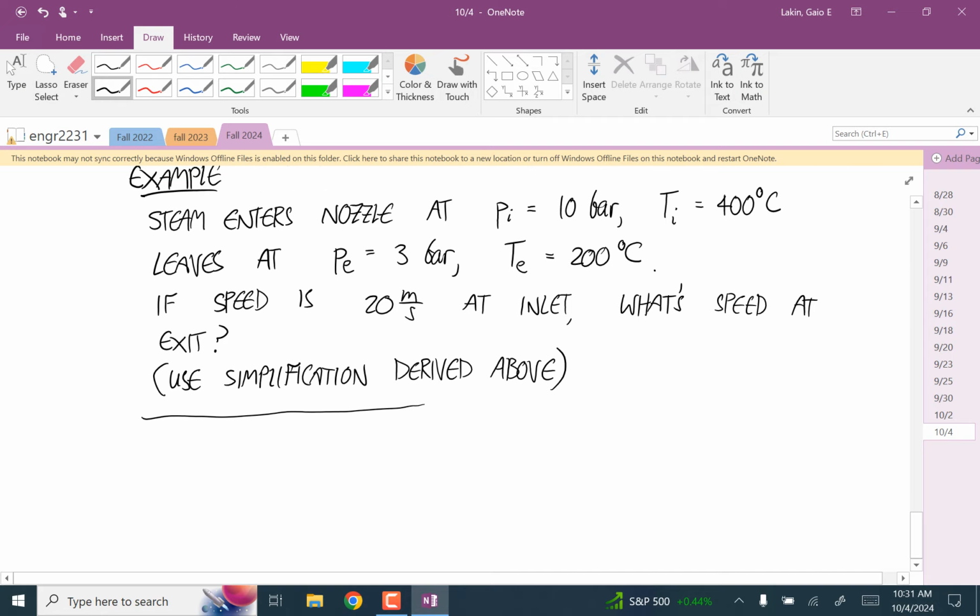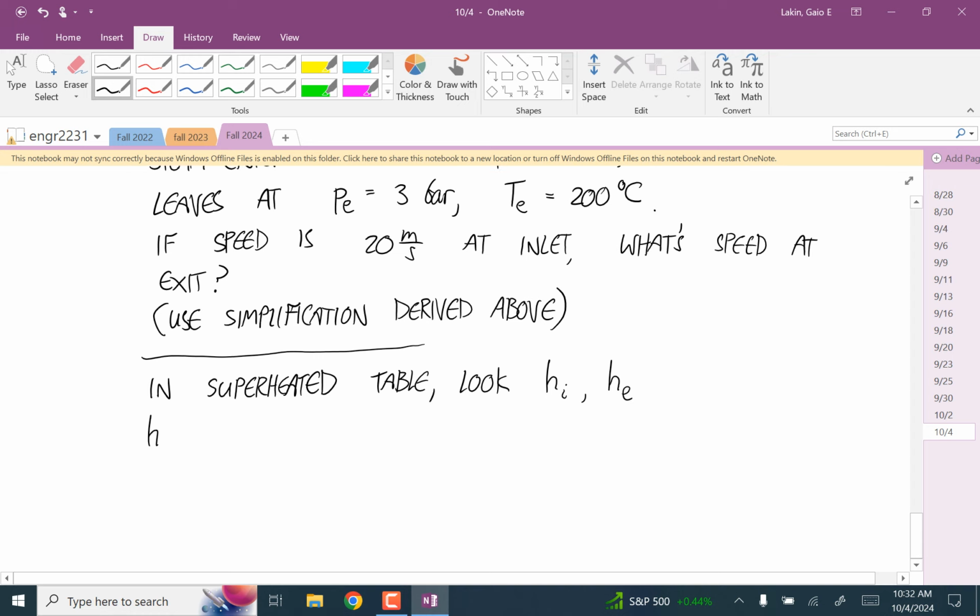Okay, so in the superheated steam table, we can just look up h at the inlet and h at the exit. So h_i is equal to 3263.9 times 10 to the third joules per kilogram.